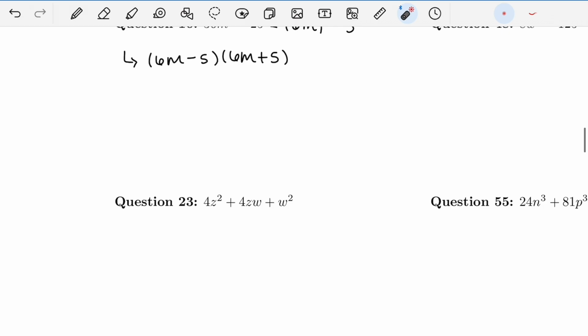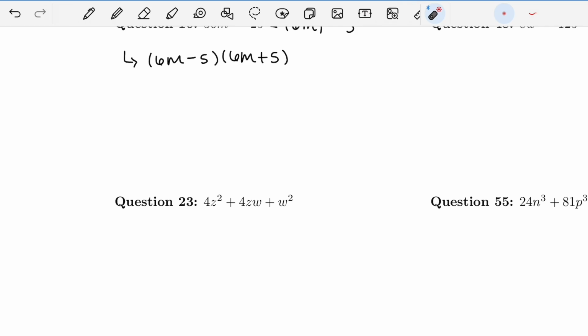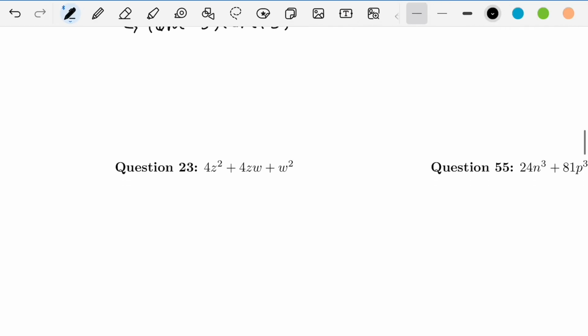So going back to this, notice 4 is a perfect square, and then we have the square of this variable and the square of our last. And then this can be rewritten as 2 times the product of these two variables here. So what we can do is rewrite this polynomial in that form. This is the same thing as 2z squared plus 2 times 2zw plus w squared.